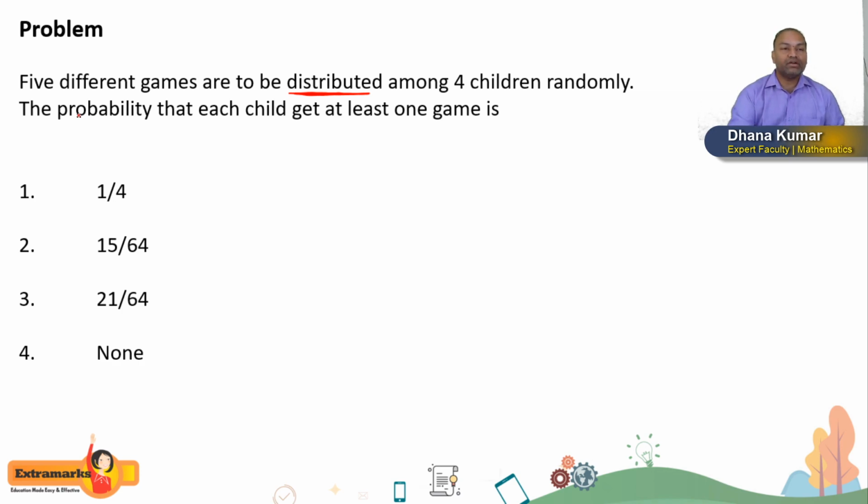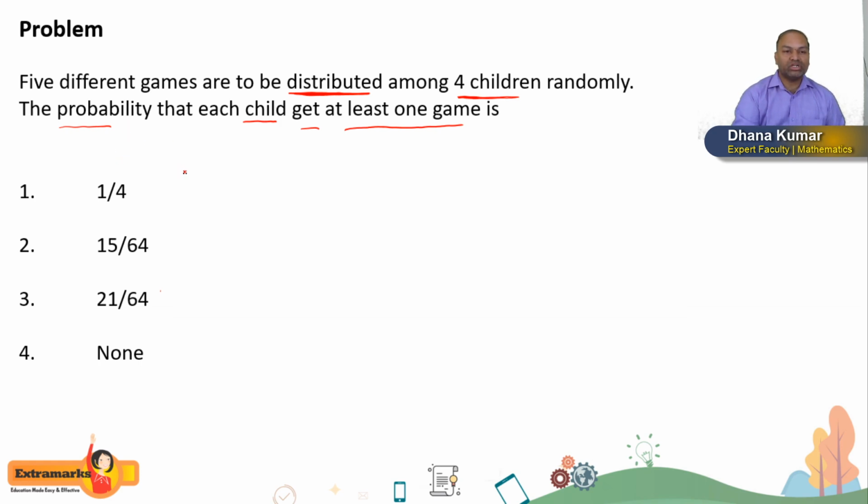So here 5 different games are distributed among 4 children. The children are also different, so here different to different. Randomly. The probability that each child gets at least one game. That is our question. Options are given: 1 by 4, 15 by 64, 21 by 64, none of these.